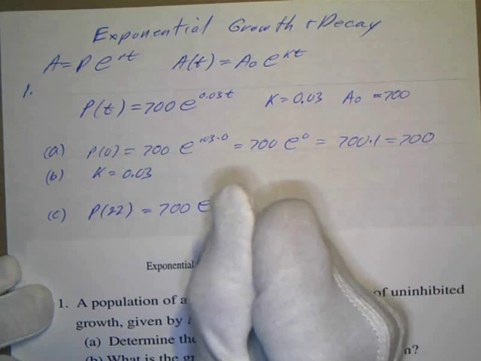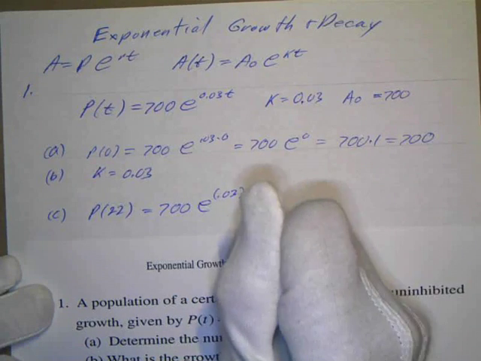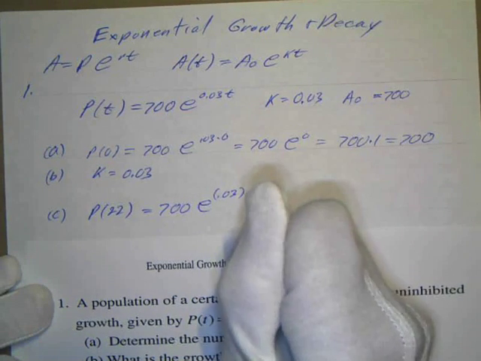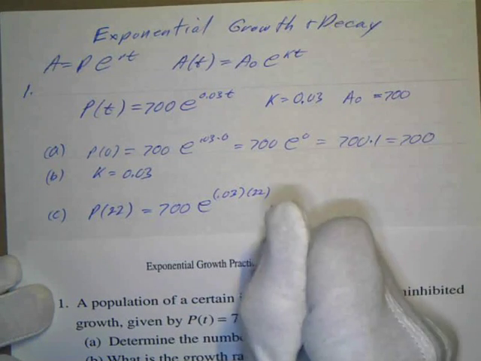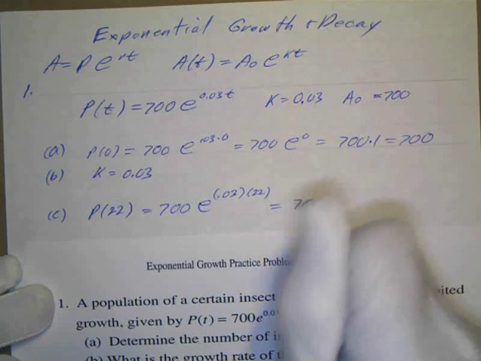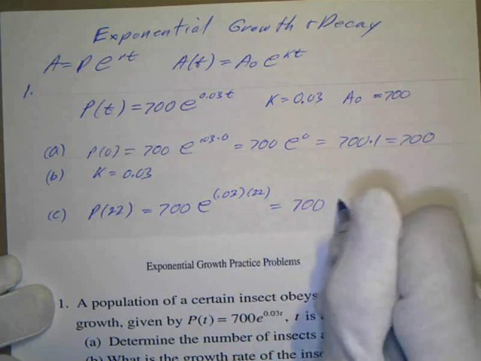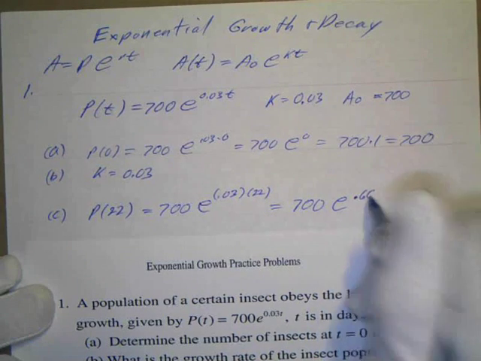If you can simplify that, that's always the best thing to do. Multiplying 22 times 0.03 gives 0.66.